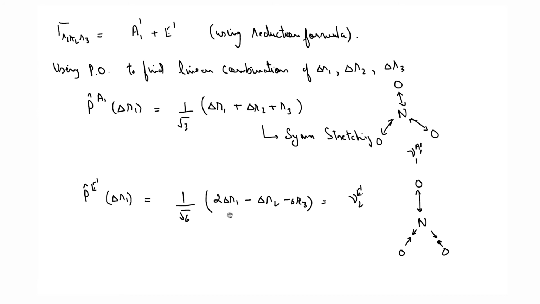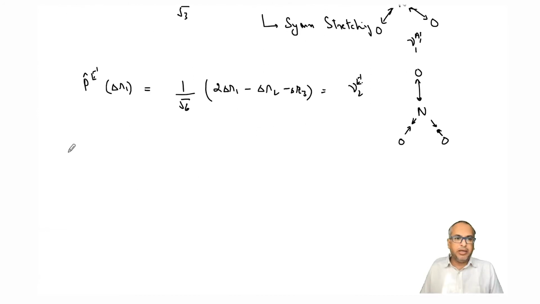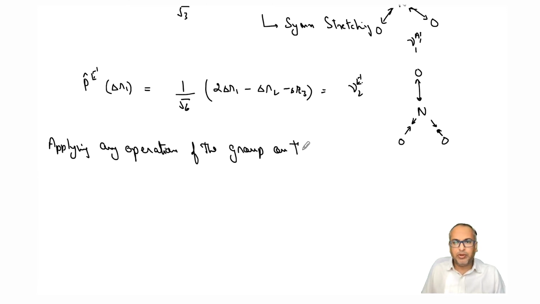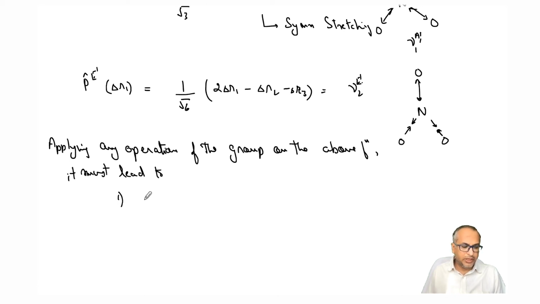So one of the methods is to apply, if you remember, there were three rules. If we apply any symmetry operation of the group on the above function, there are three options. Plus or minus of itself: you'll get the function back with a plus or minus sign.